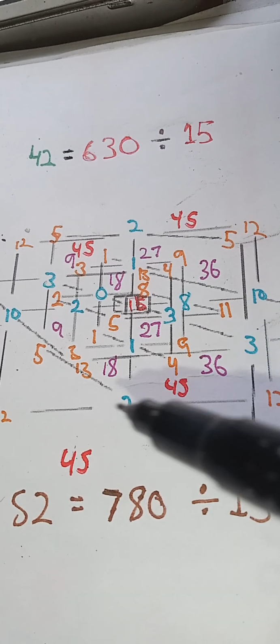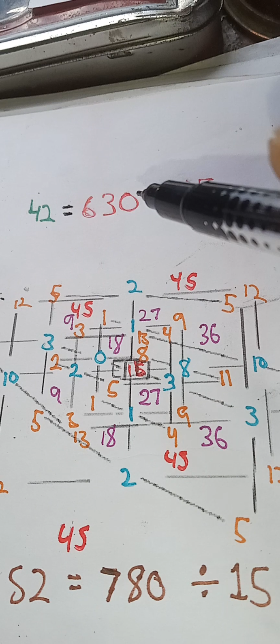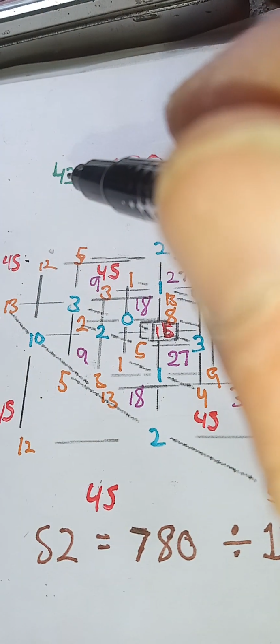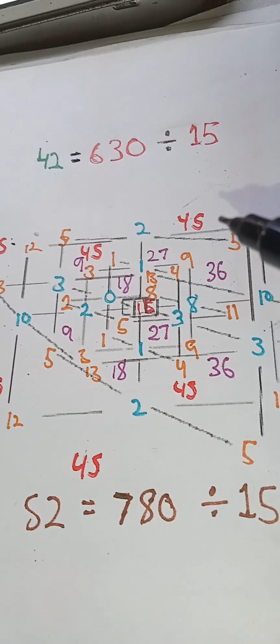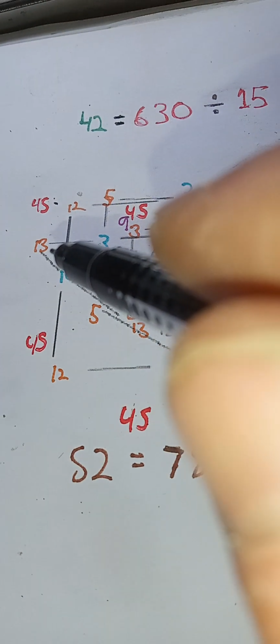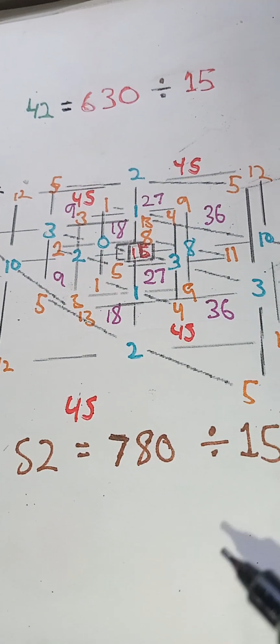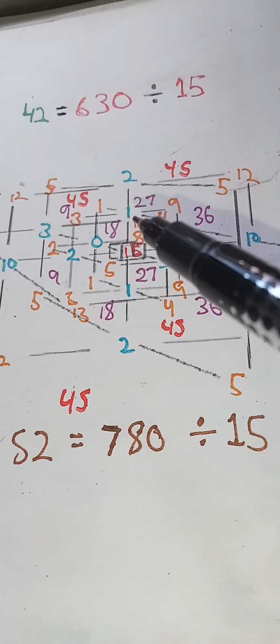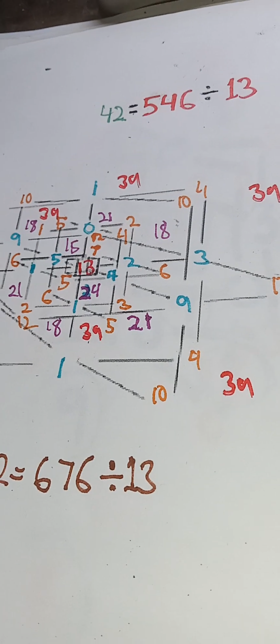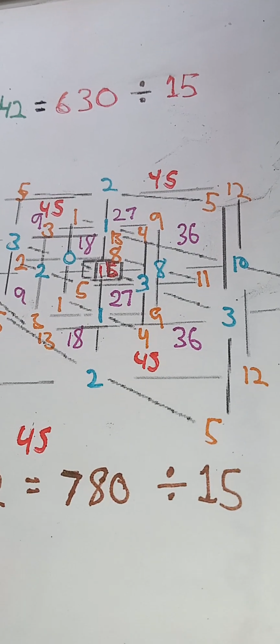The interior cube adds up to 630. 15 goes into 630 42 times. Including the outer primary and secondary numbers adds up to 780. 15 goes into 780 52 times.